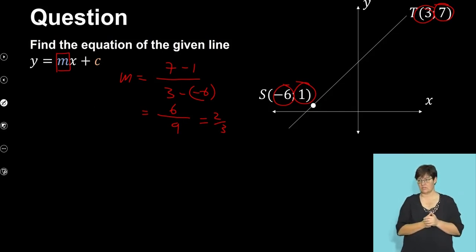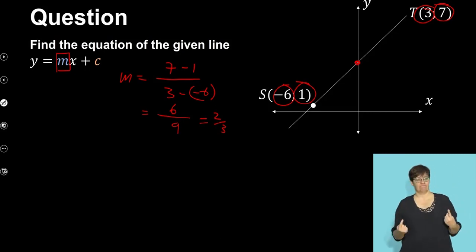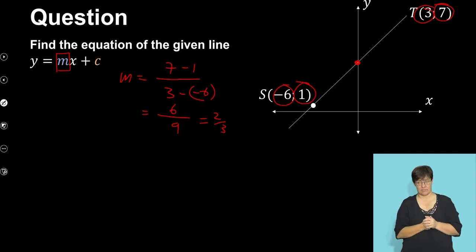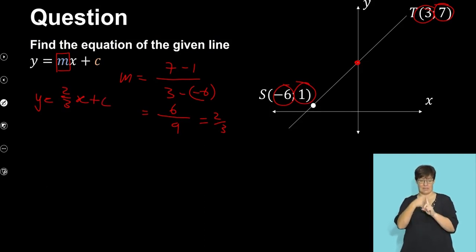I can't do this part by inspection, so we're going to have to do this a little bit differently. But let's go back to what I know so far. I know that that's my equation: y equals 2 over 3x plus c. I don't know what the y-cut is, but I definitely know what the gradient is.